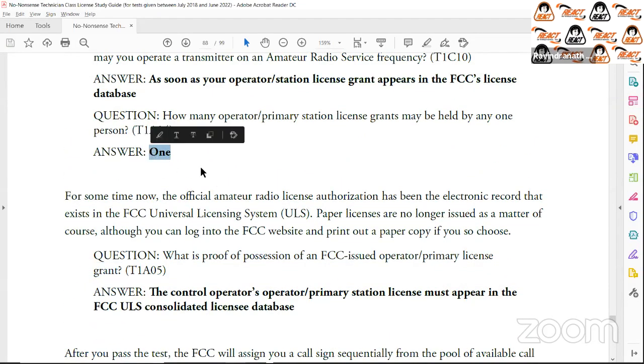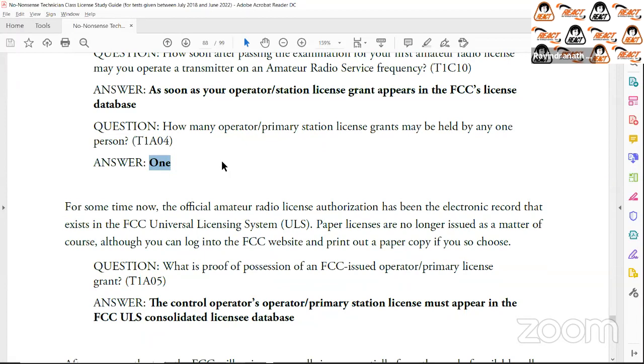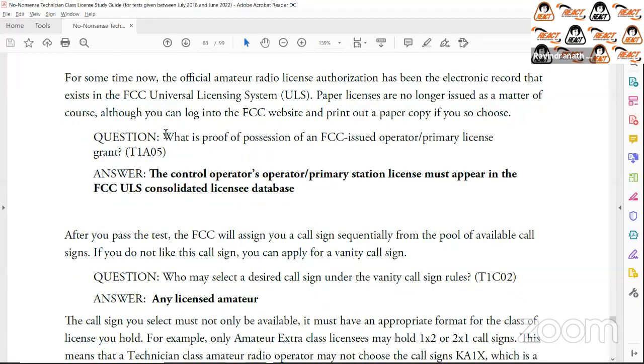This means 1 call sign in the United States. You may get a license in another country as well, but it's only 1 license that you get in that country. So when we say 1 license, it doesn't mean that you have a license in the US and you cannot get 1 in Trinidad and Tobago. Just in case anyone was wondering, out of an abundance of caution. Sorry, coming back to it.